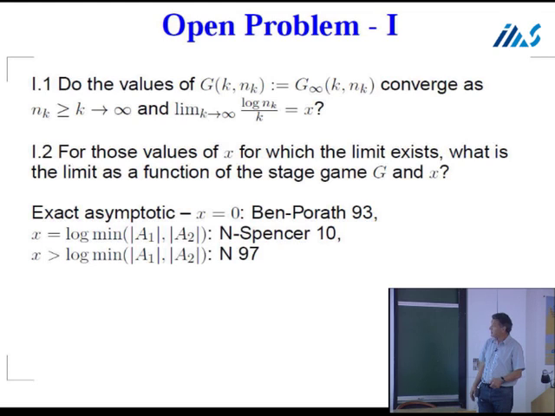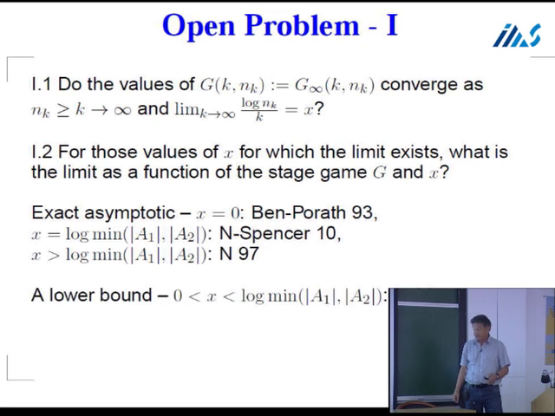the exact asymptotic is known. And what it will be in matching pennies, it will mean that for such automata, you will be able to guess exactly the output of the other one. So you come to the minmax of the stage game in pure actions. And this was extended also for the boundary point, exactly when it is this log, by myself and Spencer.